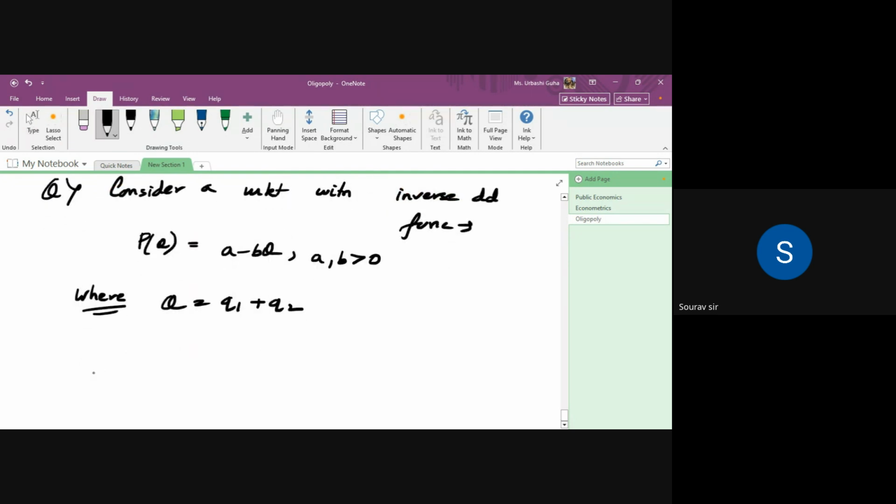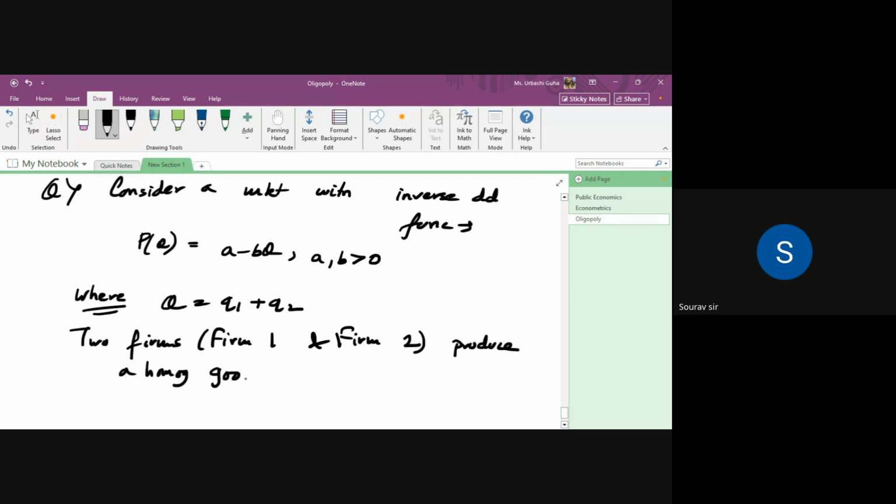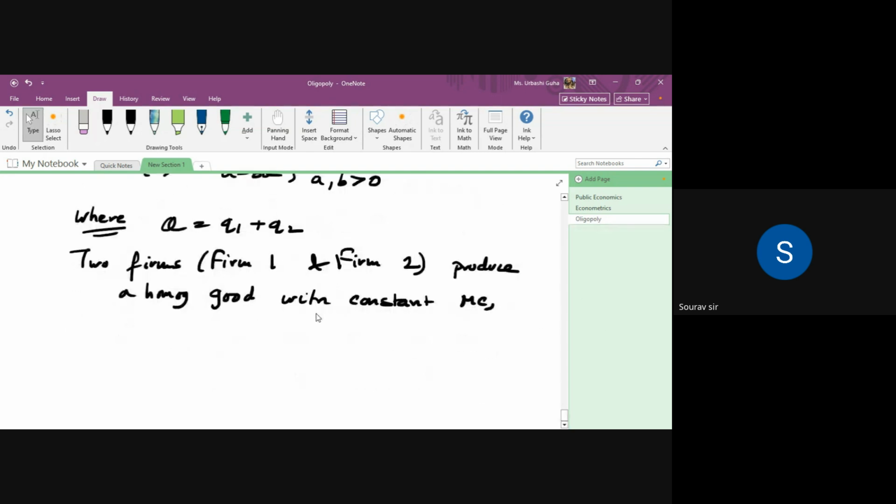So here 2 firms, firm 1 and firm 2, produce a homogeneous good, correct? And with constant marginal cost. We should be well versed with the assumptions.